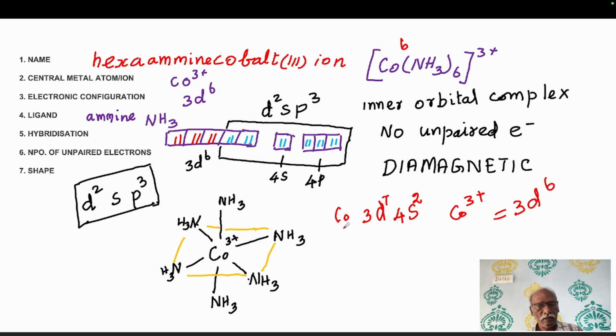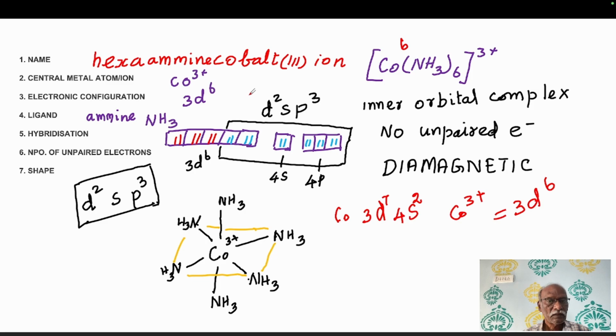This you understand? Cobalt atom neutral has the electronic configuration 3d7 4s2. Tripositive means 3 electrons have to be knocked out: 2 from s orbital, 1 from d orbital, and therefore the net is 3d6. Okay, so 3d6 is the electronic configuration of cobalt 3 plus ion.